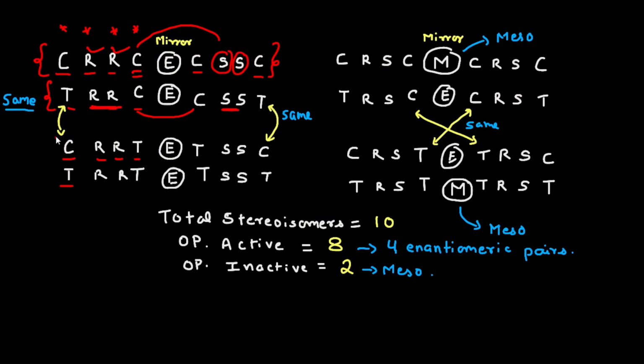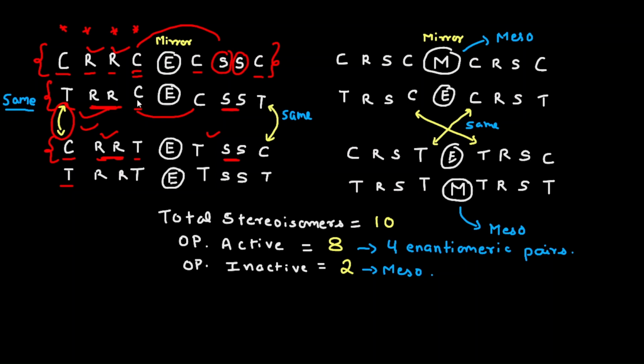However, if you take this particular possibility, again you will see the two are non-superimposable. Why? Because these two are not going to superimpose on these two S. But you understand, this one and this one, these two are the same possibility, the same configuration you have written twice. If you do not understand this, just do one thing.